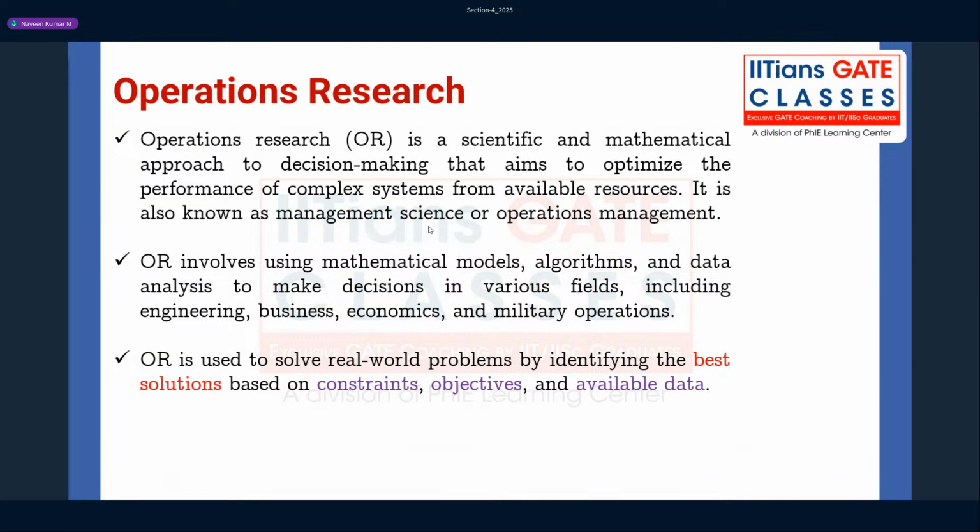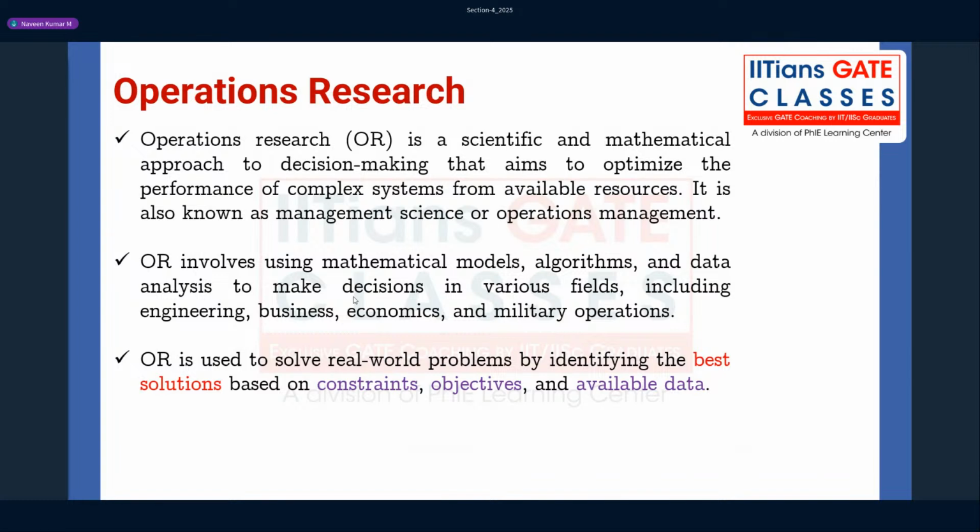It is also known as management science and operations management, which is very well read by people doing business and administration. OR is a shortcut for operations research, and it involves using mathematical models, algorithms, and data analysis. These days, with the trend of AI, behind AI also we do optimization.